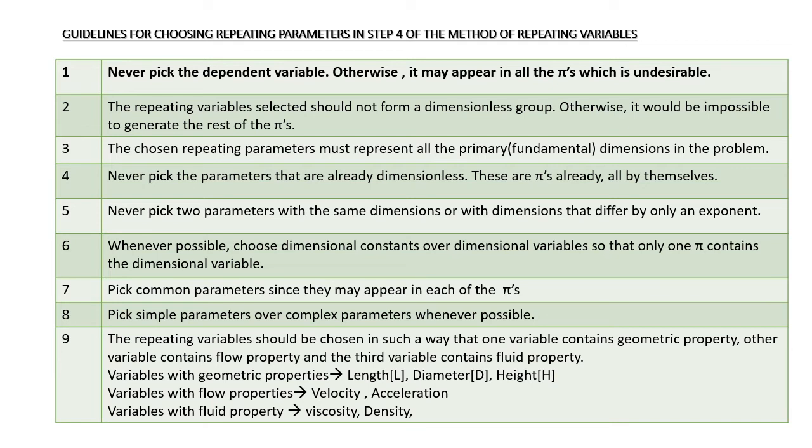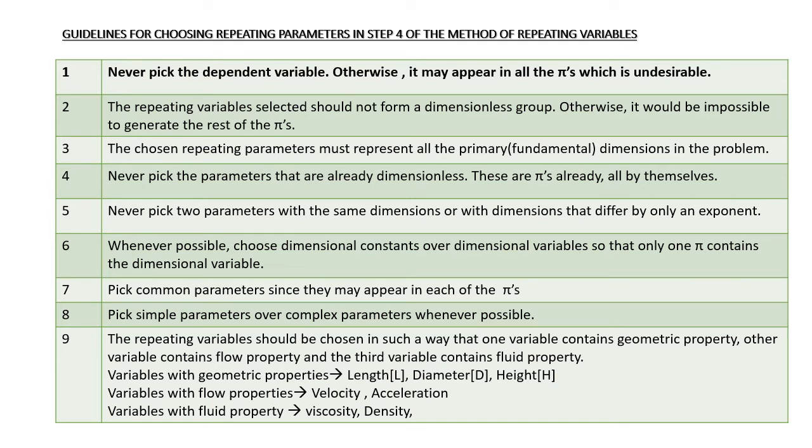Fourth, never pick parameters that are already dimensionless. Fifth, never pick two parameters with the same dimensions, or with dimensions that differ by only an exponent. We have to choose repeating variables which contain different dimensions.